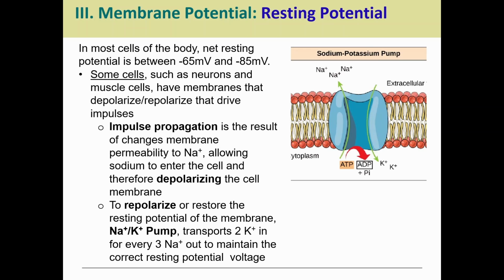So that means for every time we use our sodium-potassium pump, we're losing 1 positively charged ion in that process. So that's how we're coming back down, right? Back to that negative charge again, because for every 2 we're bringing in, we're kicking 3 out. So we're losing 1 positively charged ion every round we go through that sodium-potassium pump. And that gets us back to our resting potential voltage, and then we can restart again.